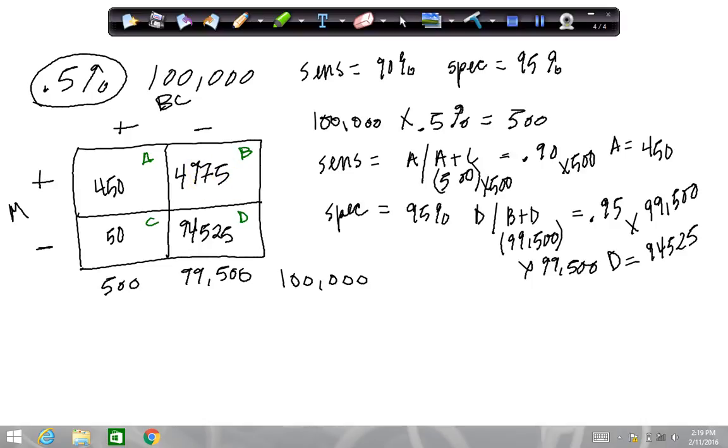So now what we want to do is calculate our positive predictive value.